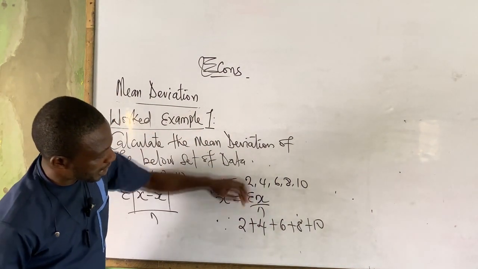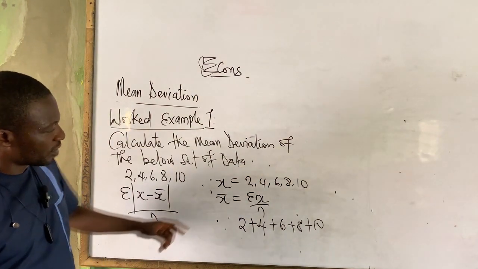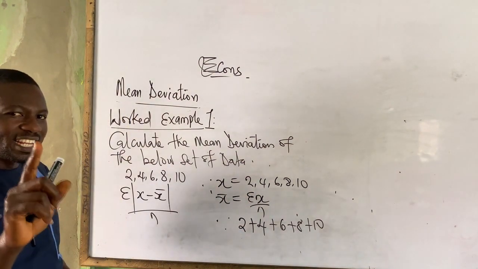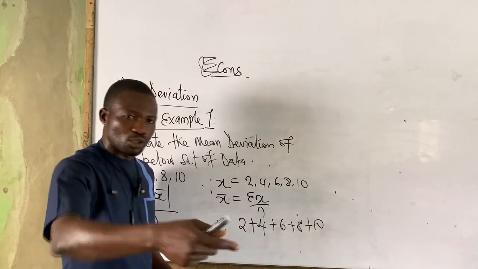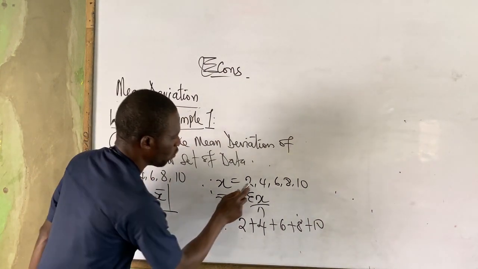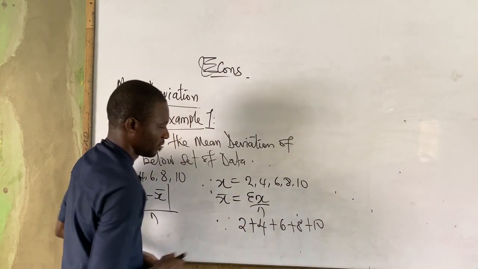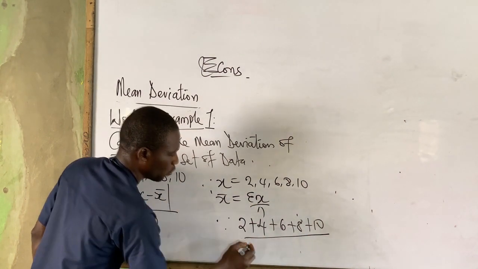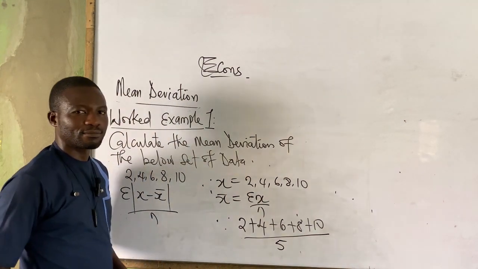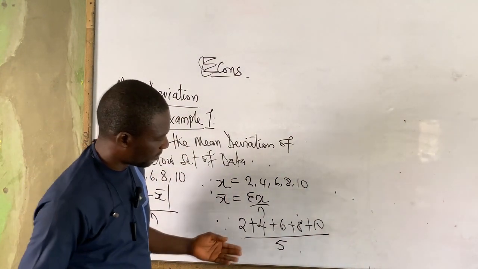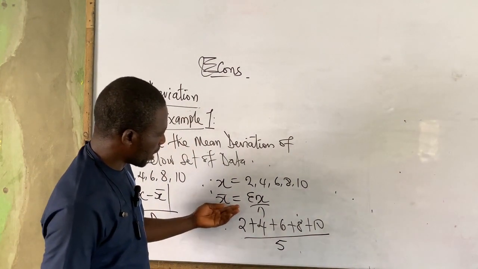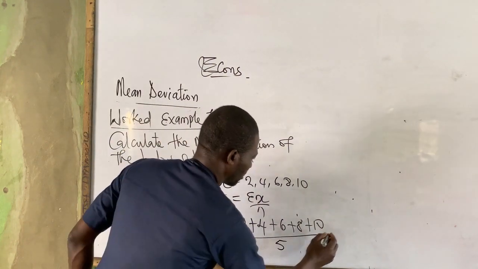We have been able to get our summation x. Then what is our n? Our n is the number of data given to us, which is 1, 2, 3, 4, 5. So definitely our n will be 5. Now, let's quickly solve it so that we can get our bar x.